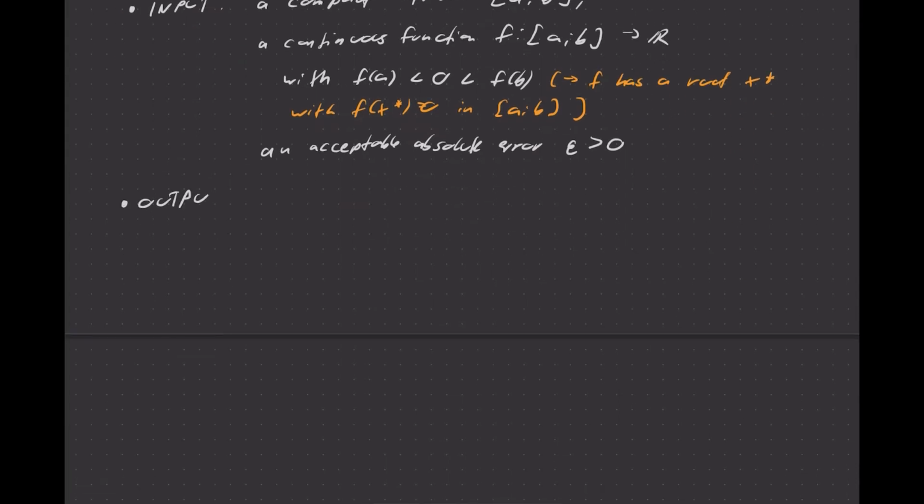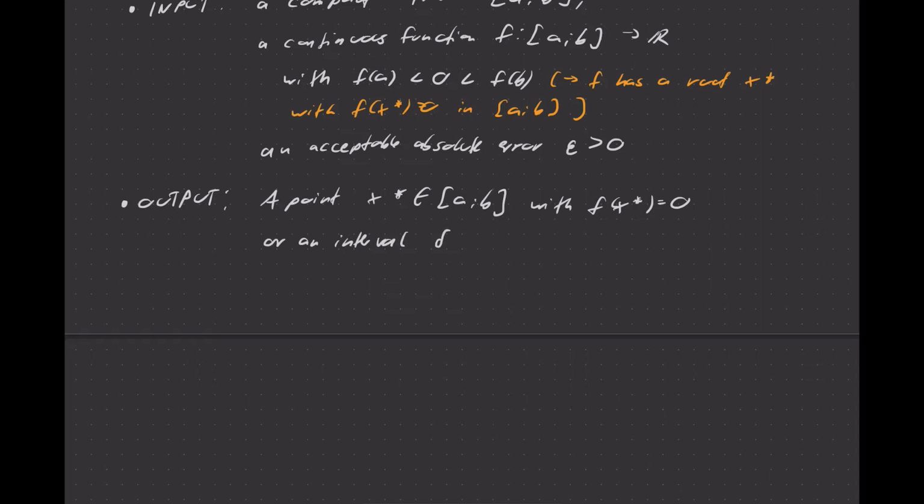So the output of that procedure is going to be a point x* in the interval [a, b] with f(x*) = 0. So that could be one possible output. We could actually obtain the root or one of the roots. Or, as an alternative, we get at least an interval that contains that root.